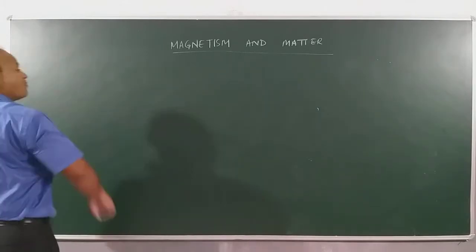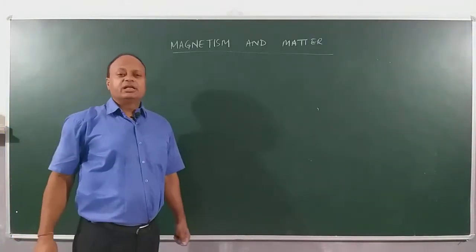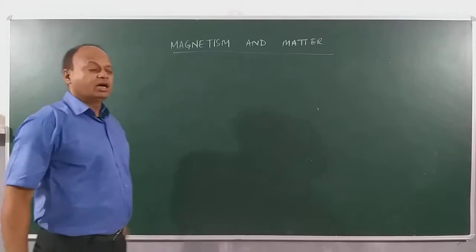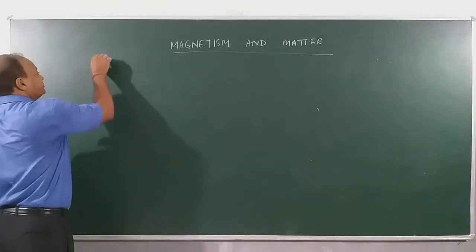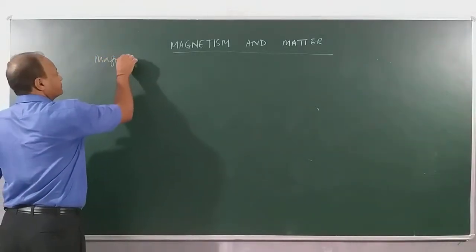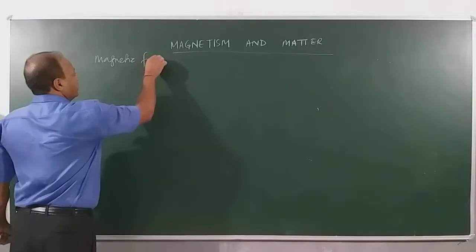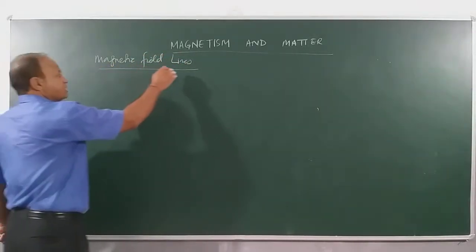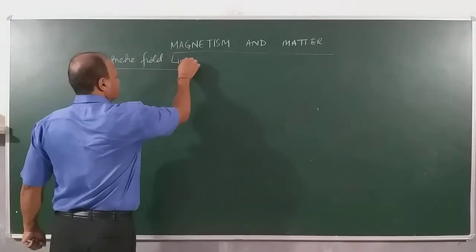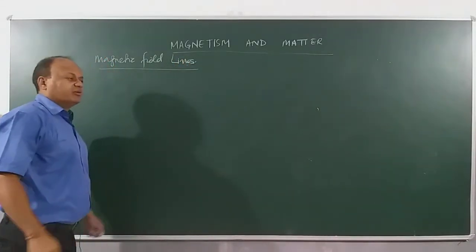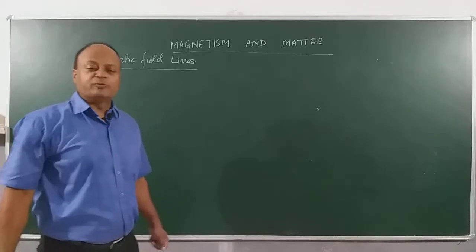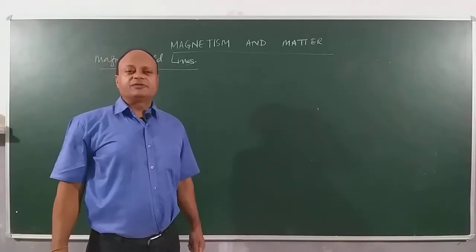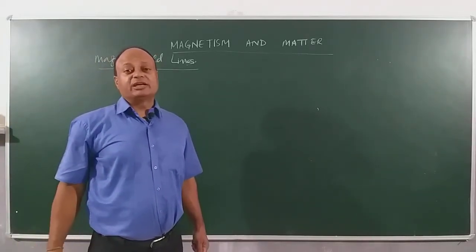Now, children, we will be seeing magnetic field lines of a permanent magnet. Children, what are magnetic field lines? We have already seen magnetic field lines in case of electromagnets. Similarly, we have field lines in case of a permanent magnet also.